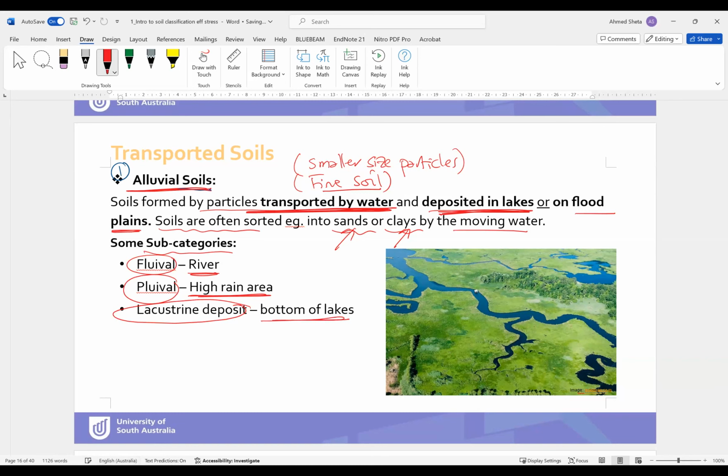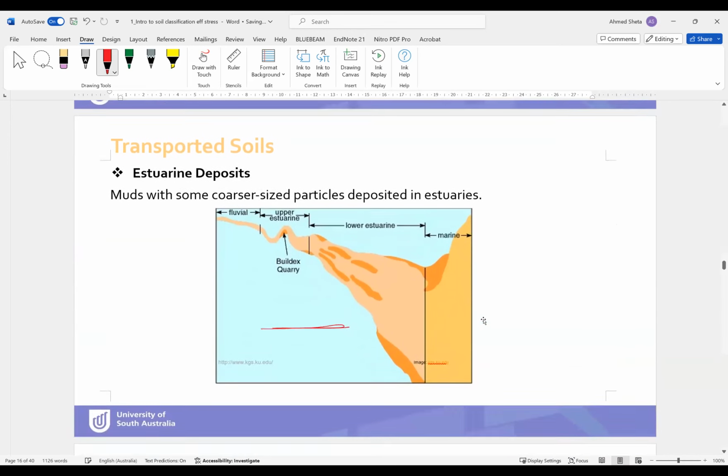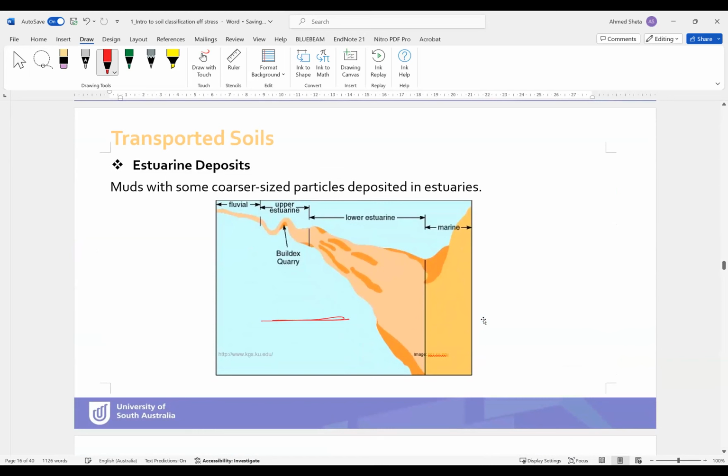And then the next one is the estuarine deposit. For the estuarine deposits, as you can see here, we have our river and our ocean here.